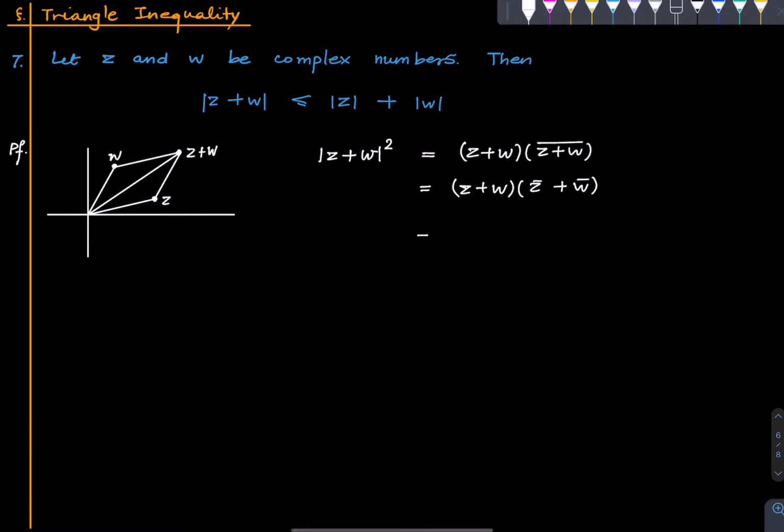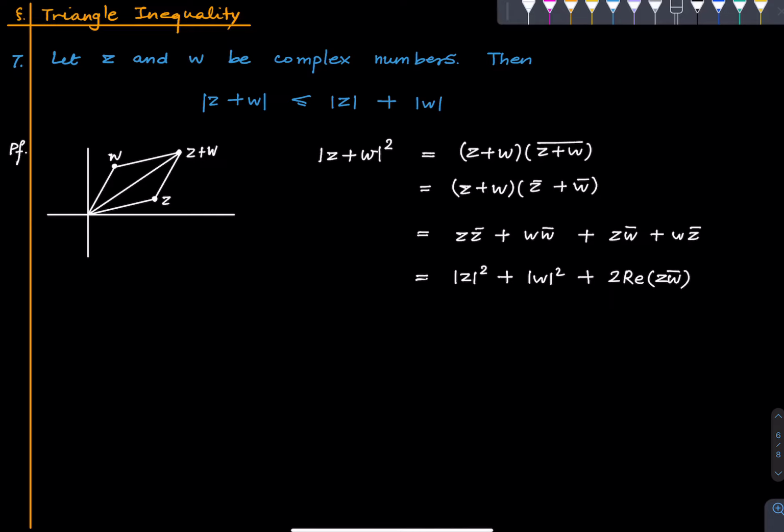So we have that. This is equal to zz bar plus ww bar plus zw bar plus wz bar, which is equal to mod z square, howsoever you want to pronounce it, mod w square plus, and here's the thing, this is twice of real part of zw bar.